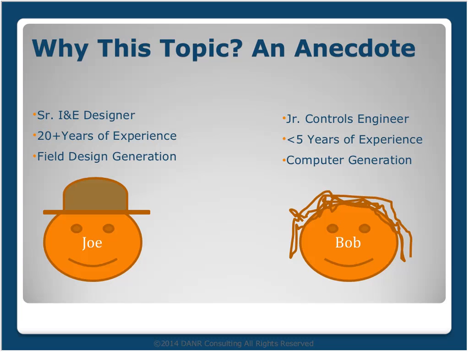Joe had about 20 years of experience, so maybe a little bit more, and he had kind of grown up in the field design generation. What I mean by that is Joe believed in touching the physical wires. He enjoyed being in the field, and I think that's part of a good design effort. He liked to walk down his jobs and spend a lot of time making sure that point-to-point connections were going to be solid and that kind of thing.